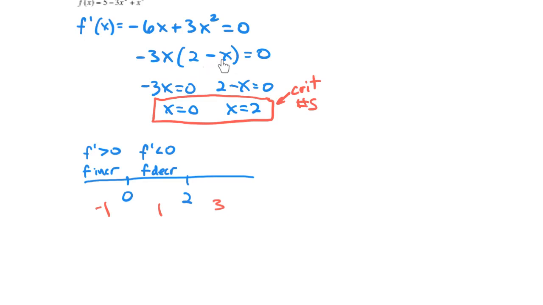Plug in the 3 here, I get a negative number. 2 minus 3 is negative. So negative times negative is positive, which means that over here, got a positive derivative, which means that the function is increasing.